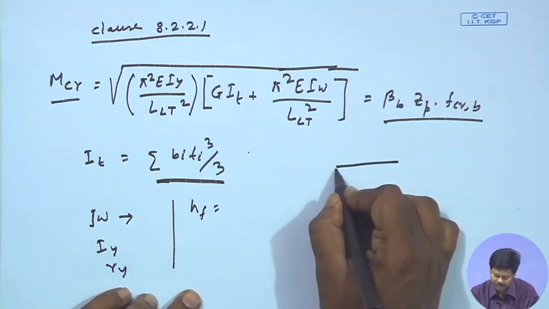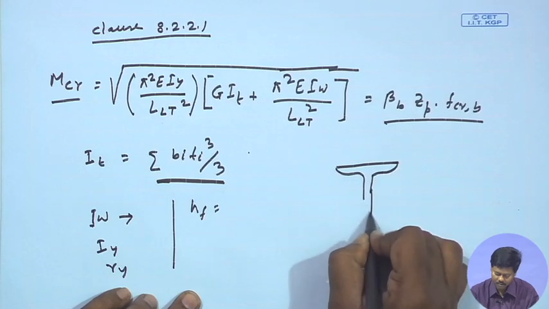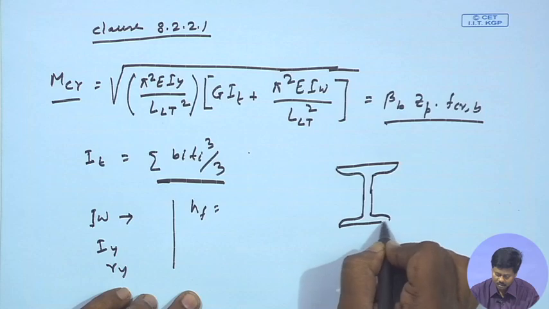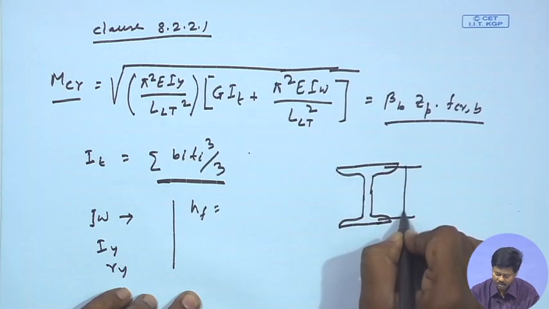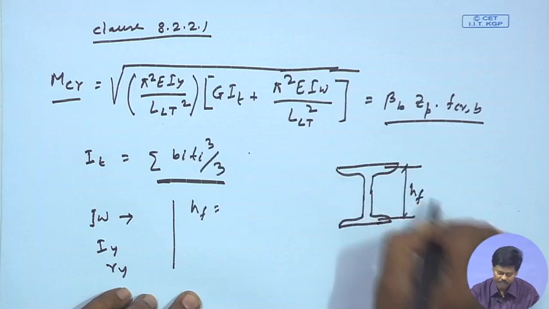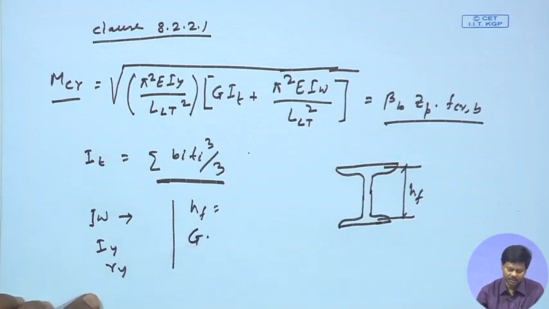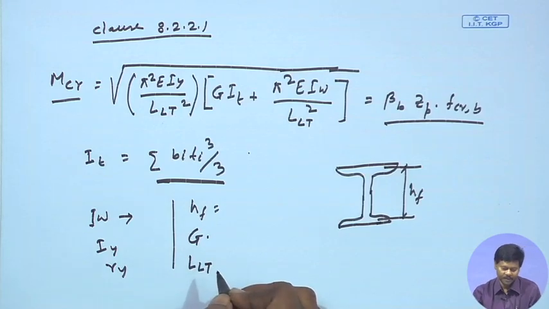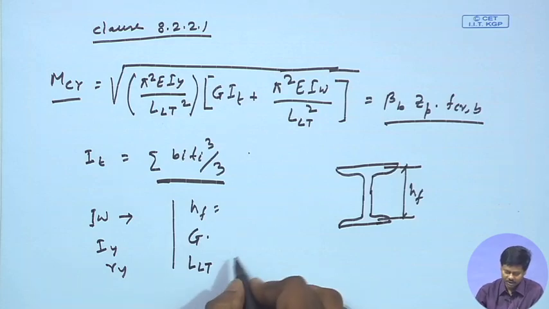That means, if I consider an I section, then the HF value will be the center to center distance of the flanges. This will be HF, and G will be the shear modulus, and LLT will be the effective length for lateral torsional buckling, which is given in clause 8.3, right.